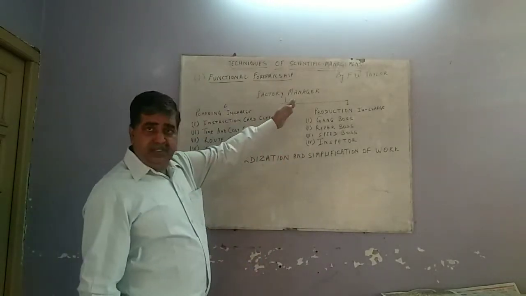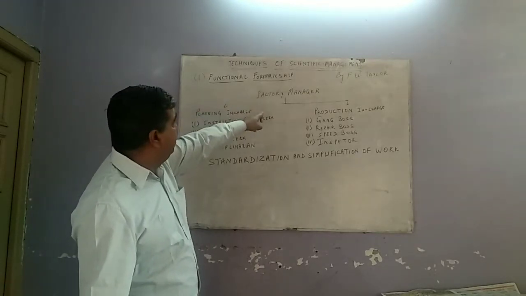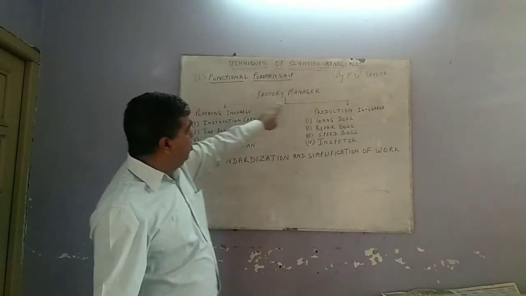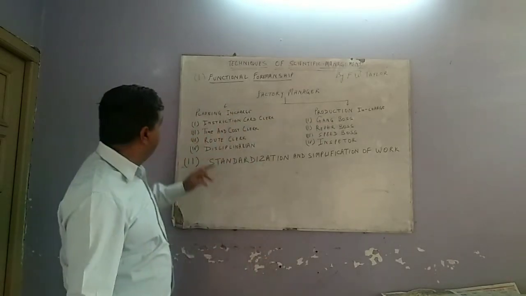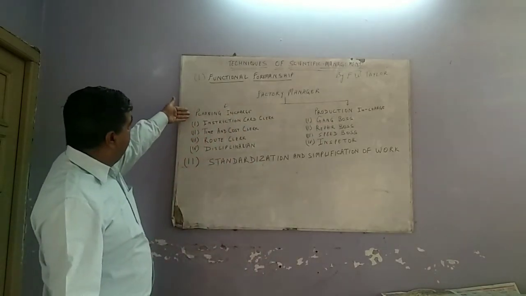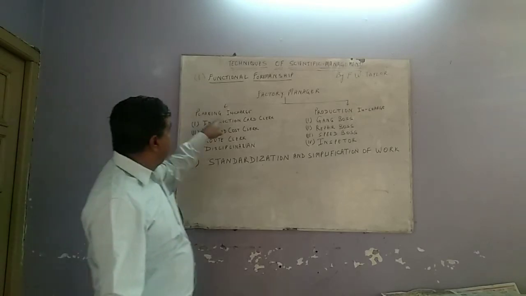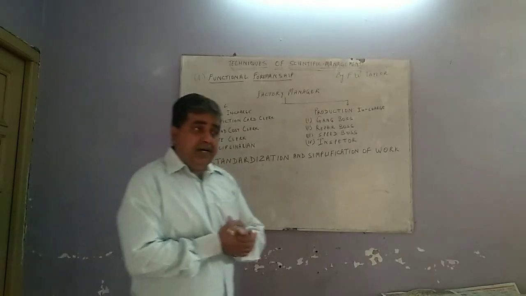And when we see this functional foremanship as a technique of scientific management, we see that the factory is divided into two parts. That is, one is planning in charge, the other is production in charge. Planning in charge. There are four clerks under this planning in charge. First is the instruction card clerk.